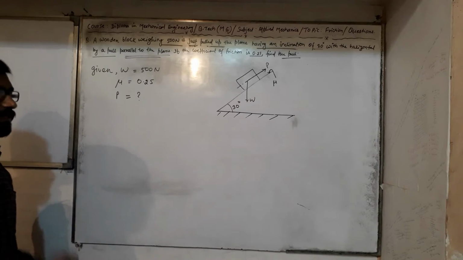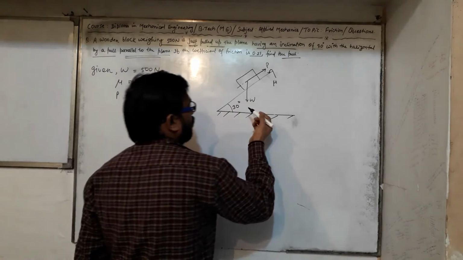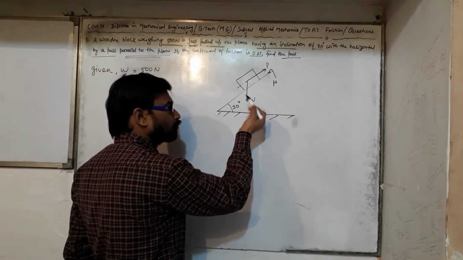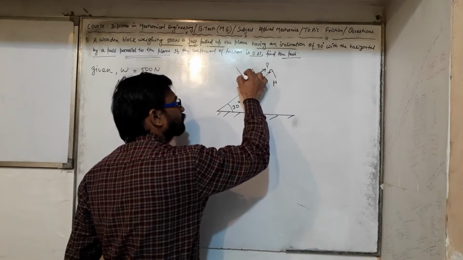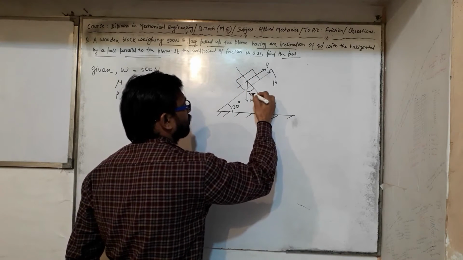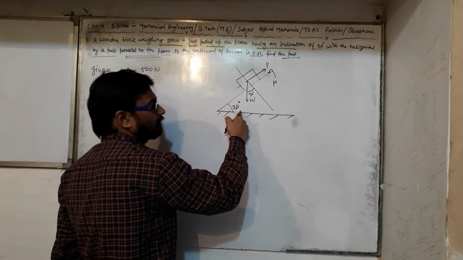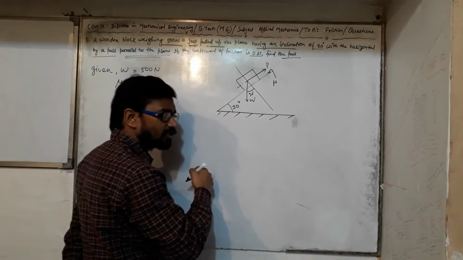Now everything is clear here, I hope. If I take two components of this W, one goes perpendicular to the plane, making an angle of 30 degrees, the same as the angle of inclination.